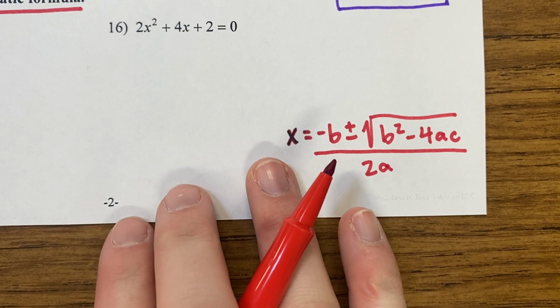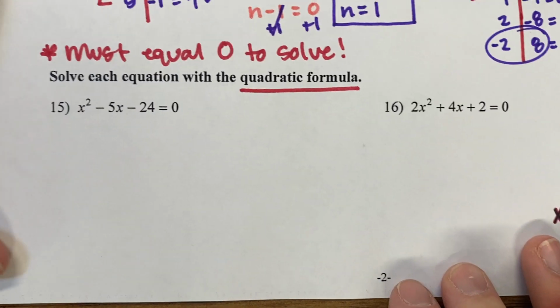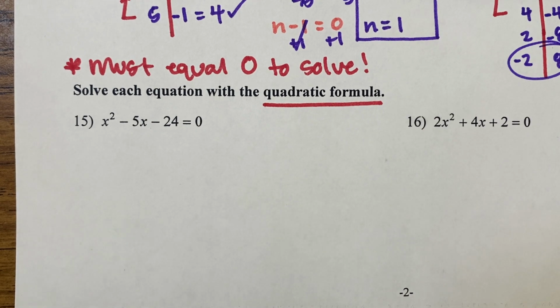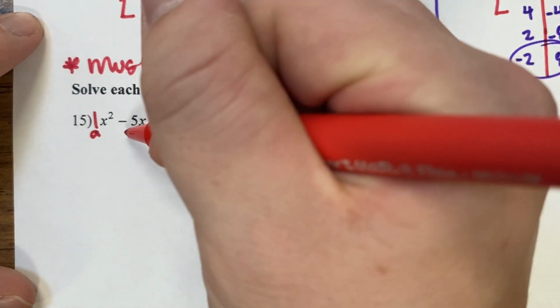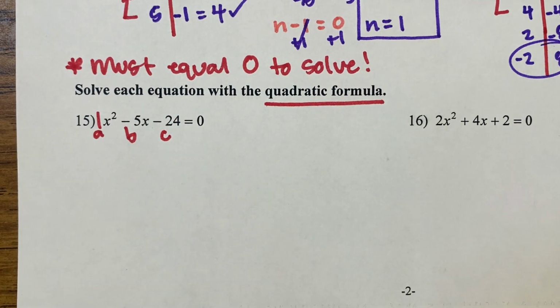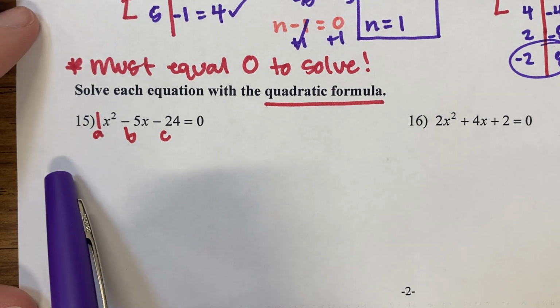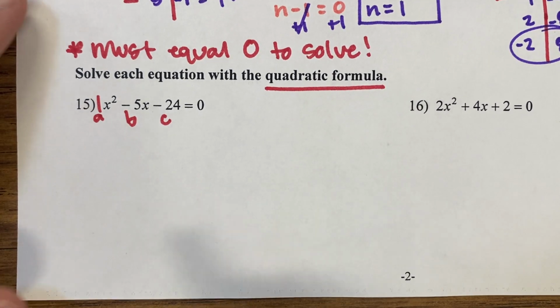Okay, so let's look at number 15. In order to plug it into our formula, we have to identify a, b, and c. Remember, this is in standard form, which means our a is 1, b is negative 5, c is negative 24. Now I'm going to rewrite my whole formula, but leave little spaces.